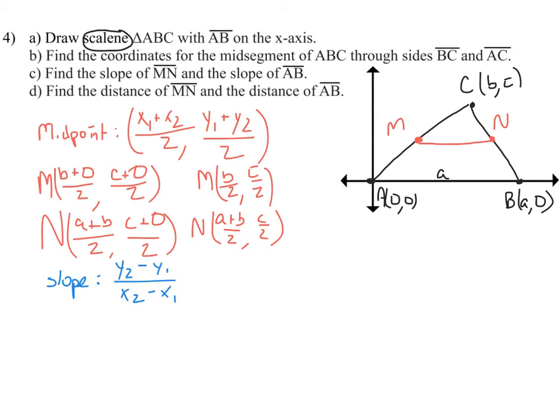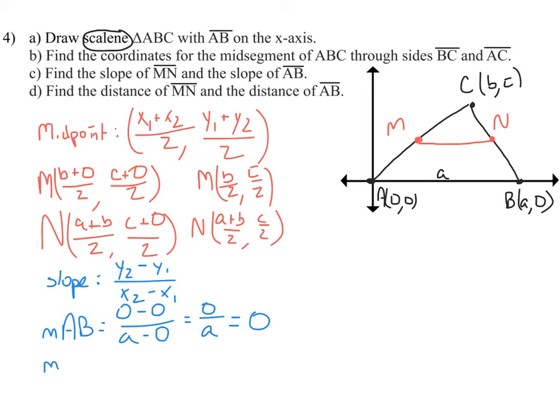Now the slope for AB, we're going to subtract our y's, so 0 minus 0, then we'll subtract our x's, a minus 0. So we get 0 on top from 0 minus 0. The bottom becomes a. It doesn't really matter what the bottom is as long as it's not 0, because the top's 0. So if you have an amount of something, and then you take 0 of that amount, the amount that you have is nothing, 0.